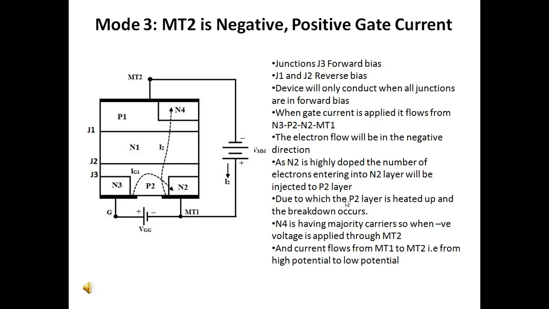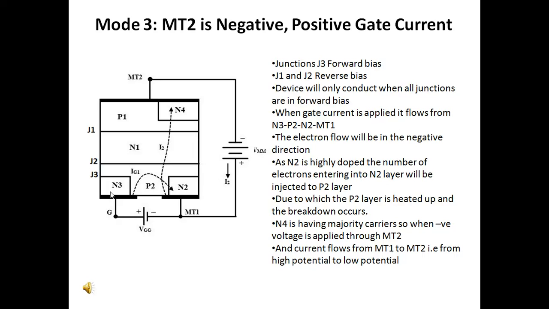Mode 3 is MT2 negative and positive gate current. In this mode of the Triac, as looking into the figure, the MT2 terminal is connected to the negative of the power supply and there is a positive gate current applied towards the gate terminal, and MT1 will be positive to the power supply.